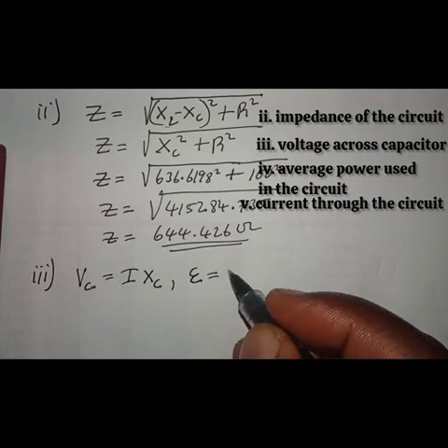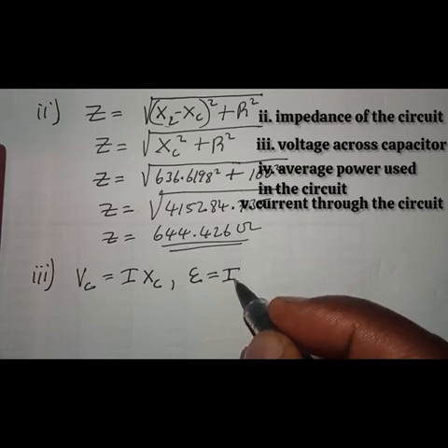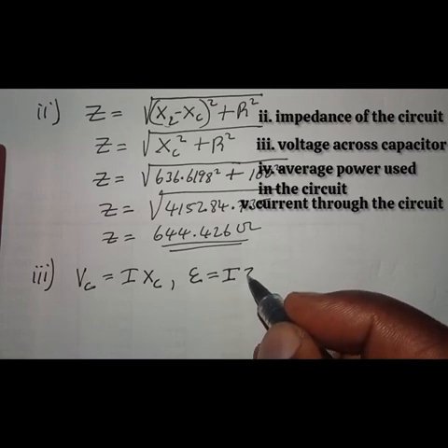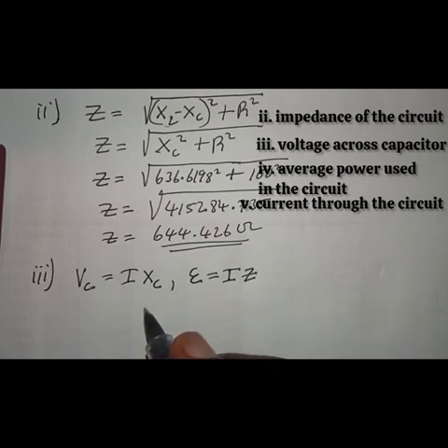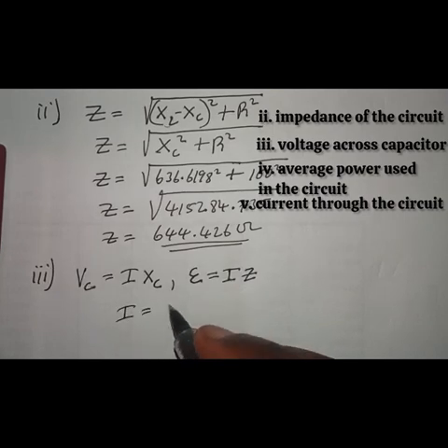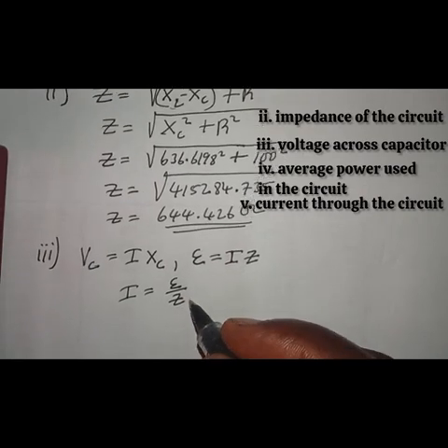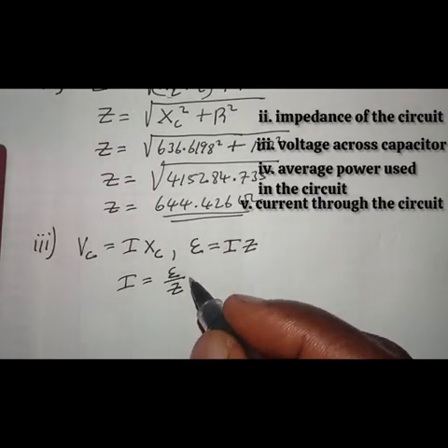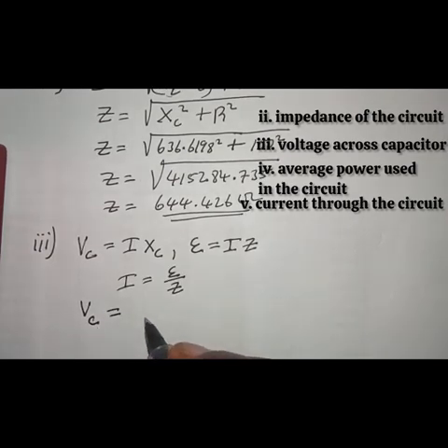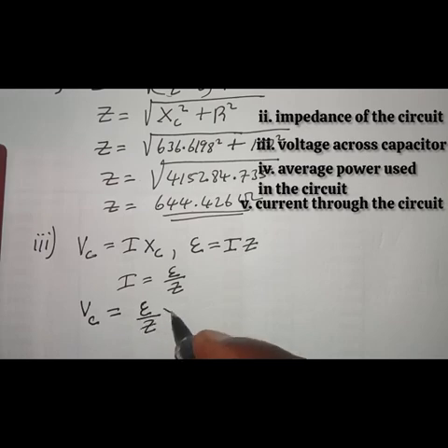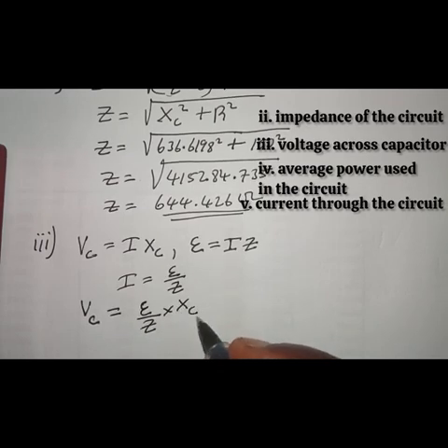The EMF of the cell is equal to the current through the circuit times the impedance, neglecting internal resistance. So the current is equal to EMF over the impedance. We can use EMF over impedance to replace the current since we've not gotten the current. So VC, the voltage across the capacitor, is equal to E over Z times XC.